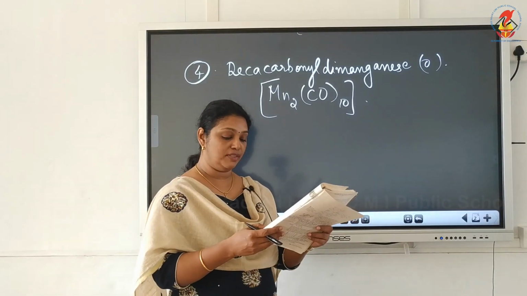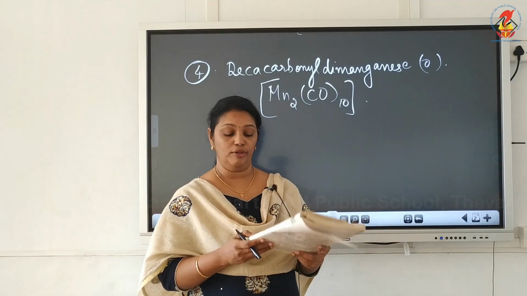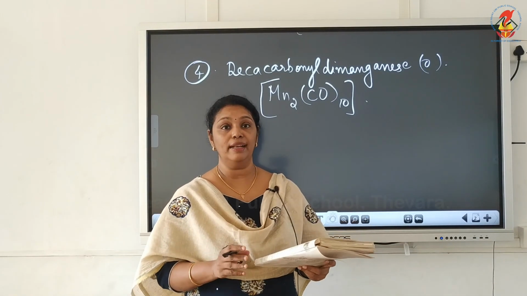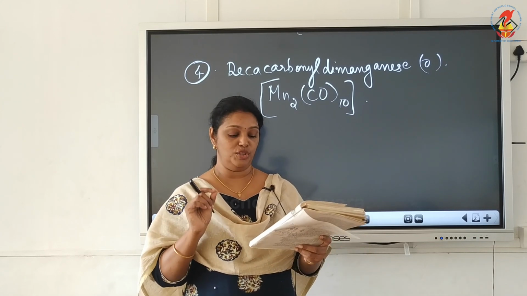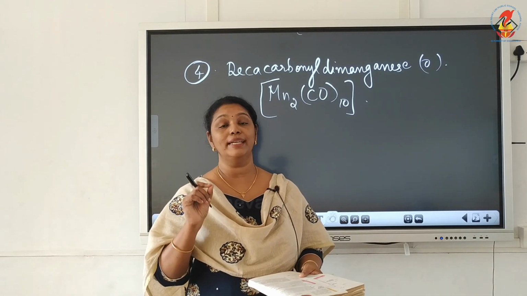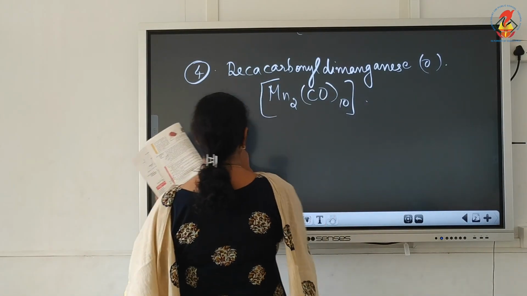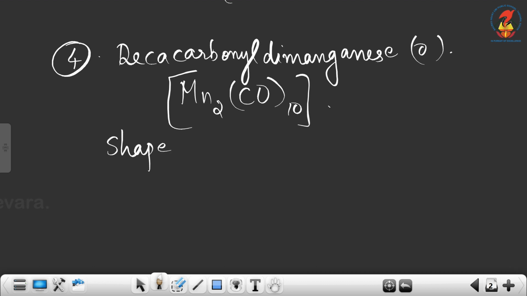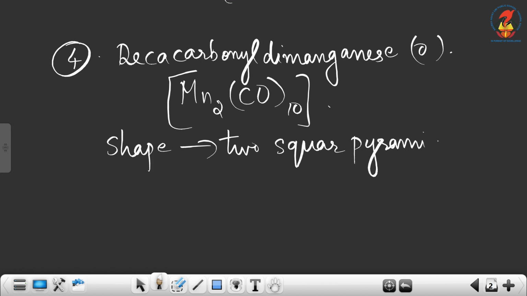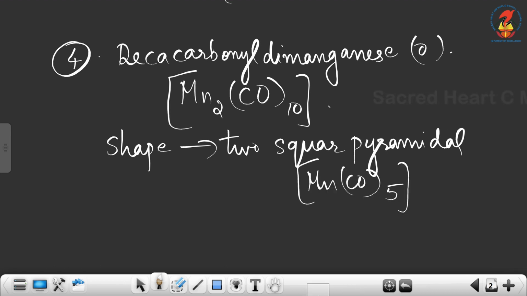Now about the shape of this compound: it is made up of 2 square pyramidal Mn(CO)5 units joined by a manganese-manganese single bond. So the shape is square pyramidal, meaning there are 2 square pyramidal Mn(CO)5 units joined by an Mn-Mn bond.